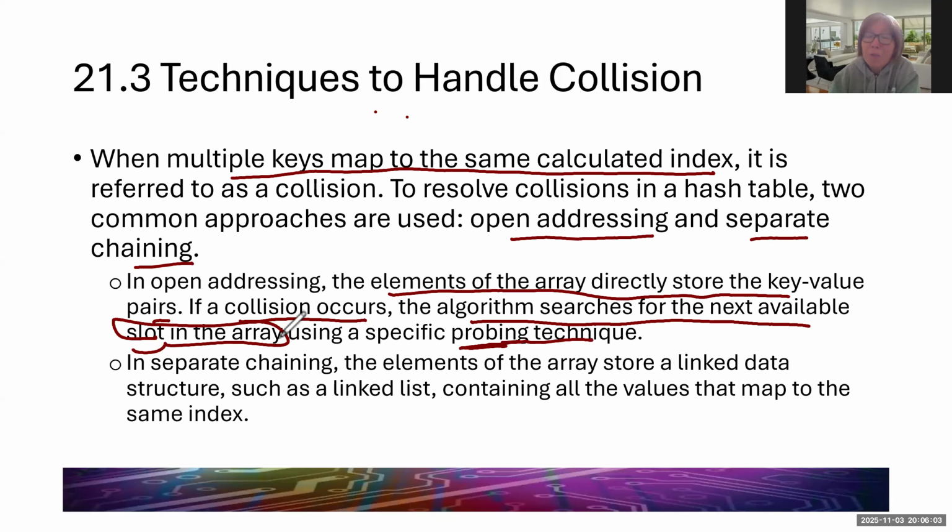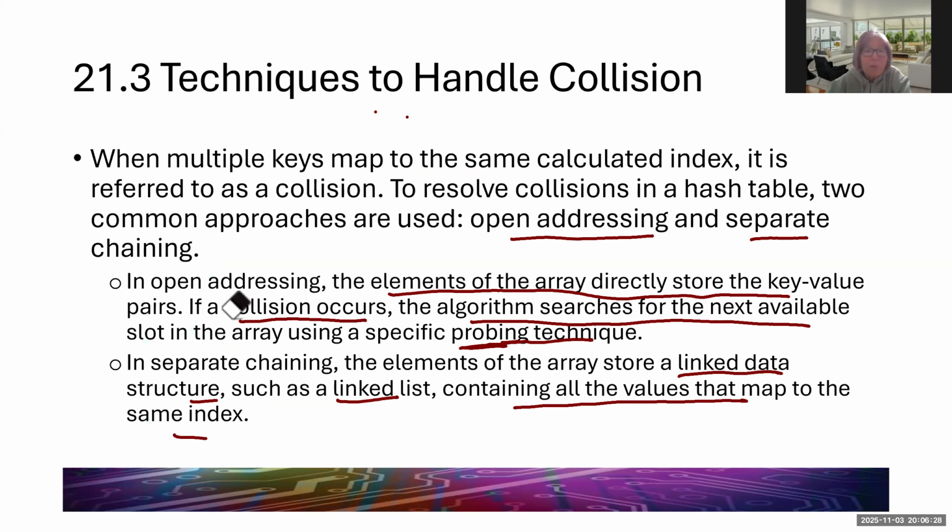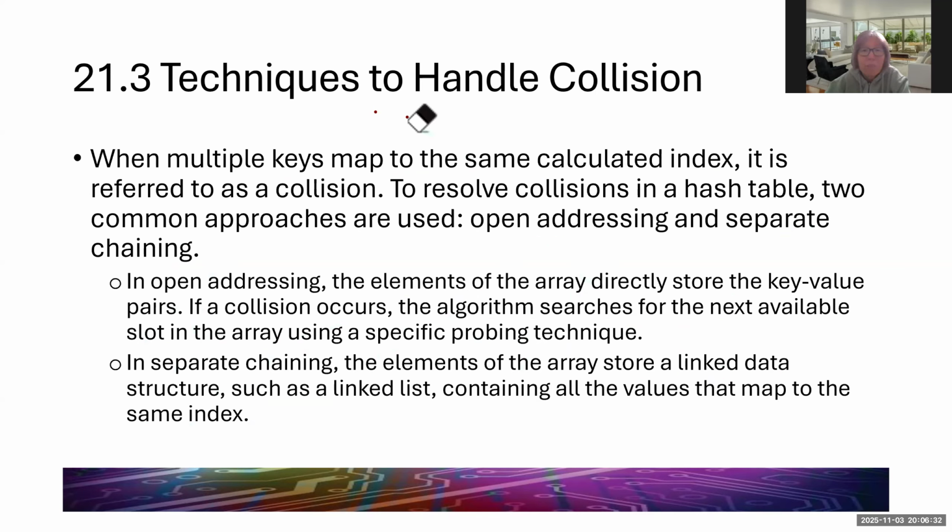The second one, the one we just discussed in the previous slide, is called separate chaining. Elements of the array store a linked data structure, like a linked list or array list, and the list will contain all the values that map to the same index. So this is how we handle collision.